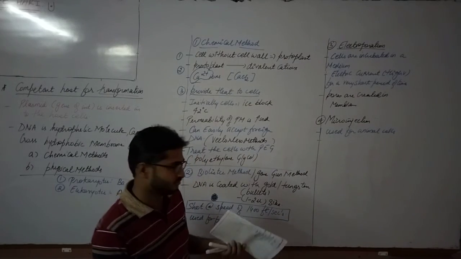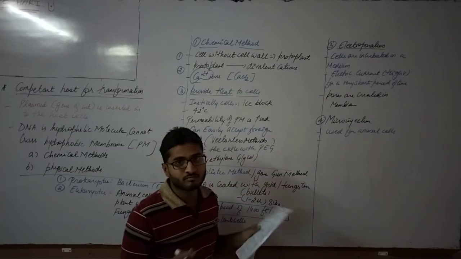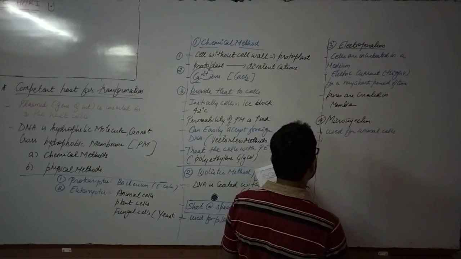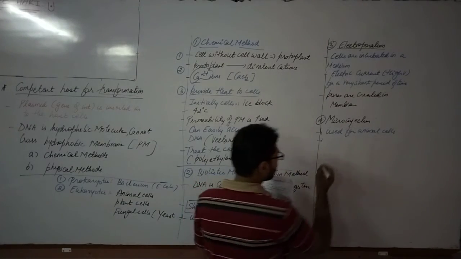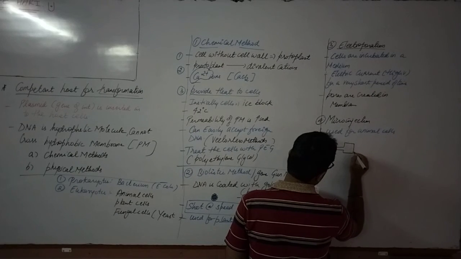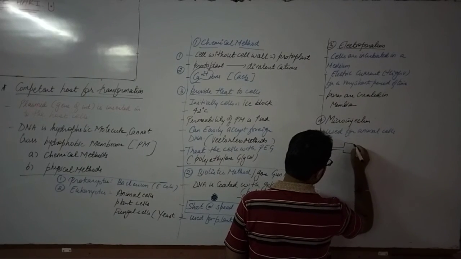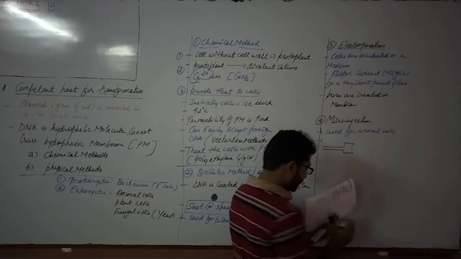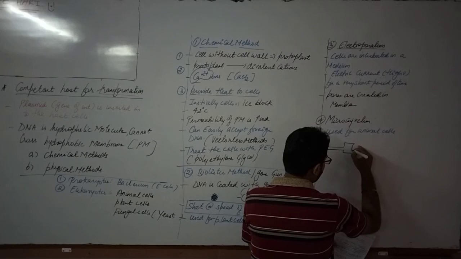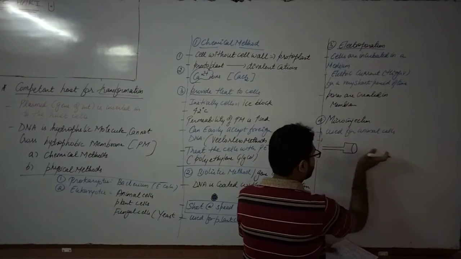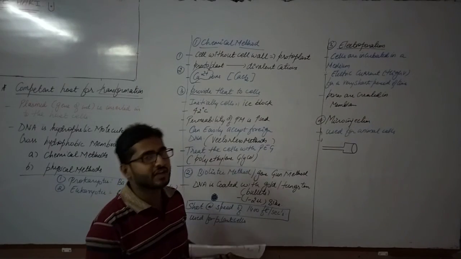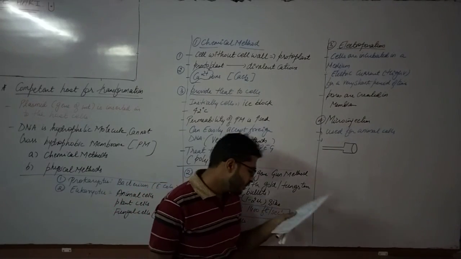So microinjection is actually very simple, but it is tedious also, right? In microinjection, it is basically an injection which has some structure like this, and there has to be a perforation where we can hold the DNA of our interest, and using that injection directly, the target DNA, that is foreign DNA, is inserted into the host cell.